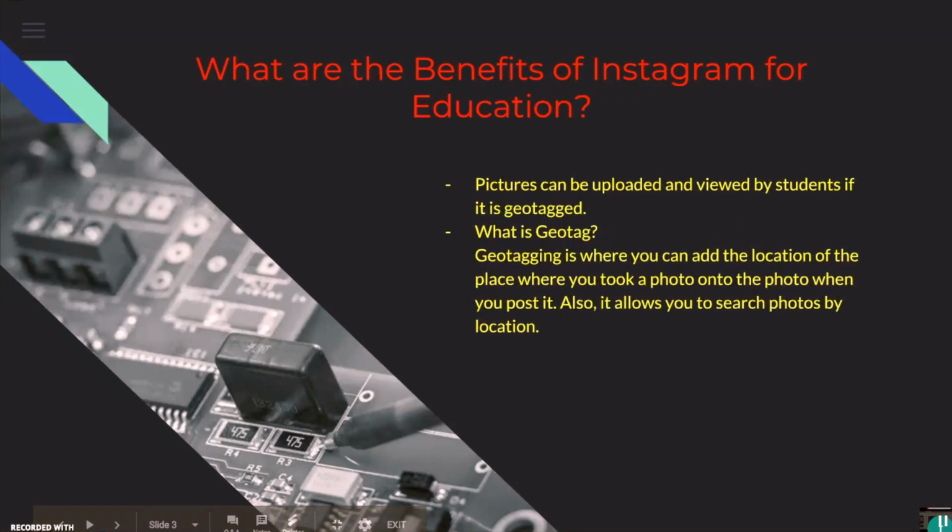What are the benefits of Instagram for education? Geotagging is the process of adding geographical identification metadata to various content such as photographs, videos, websites, or SMS messages. Such metadata usually consists of latitude and longitude, though they can also include altitude, bearing, distance, accuracy data, and place names. Geotagging can help users browse and watch images with their location-specific information in an intuitive way.